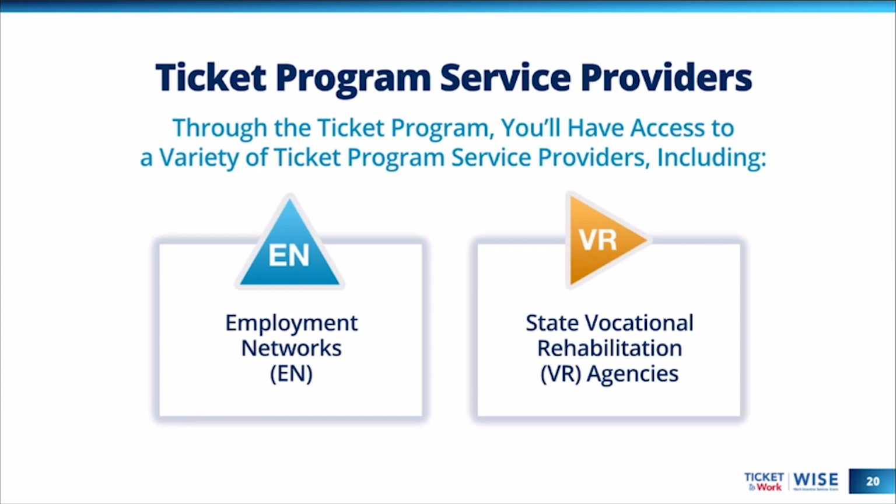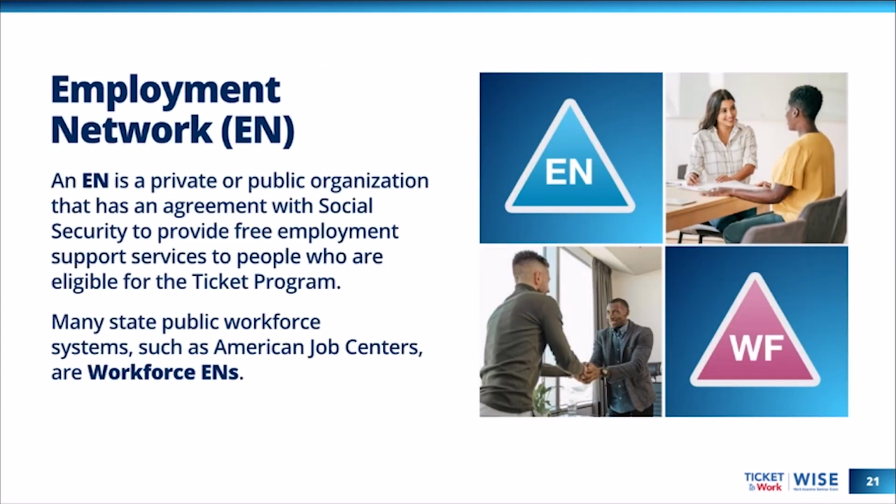And the employment networks are numerous and vastly different. So you're going to be shopping for an employment network. Does that employment network serve people like you? If you have a mental impairment and I'm an EN who only serves people with physical impairments, we're not going to be a good match. But we can call specific ENs that do work with folks like you.